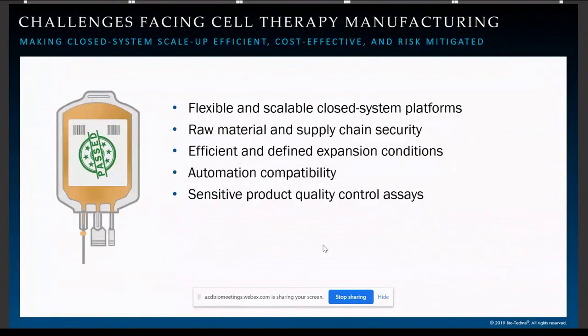So there are some of the challenges that have been identified within this space, in that cytokine addition into your media is not always a closed process, and having a scalable and flexible system had been identified as an issue that we took to heart and focused on.